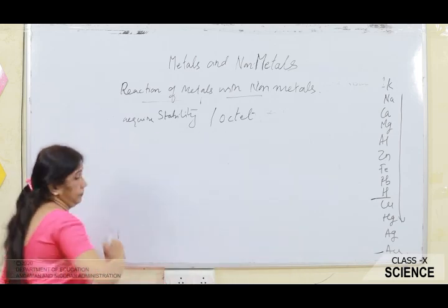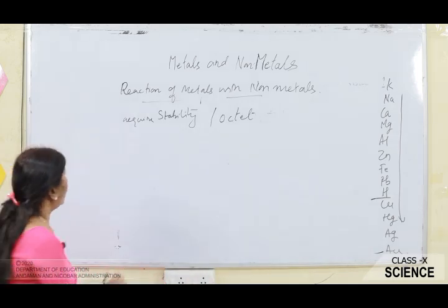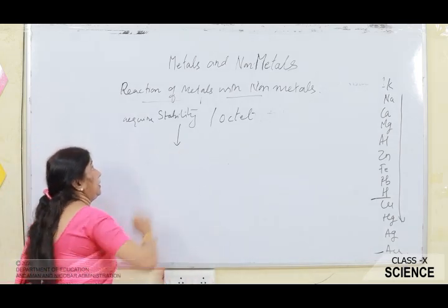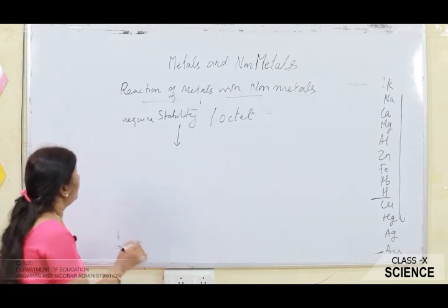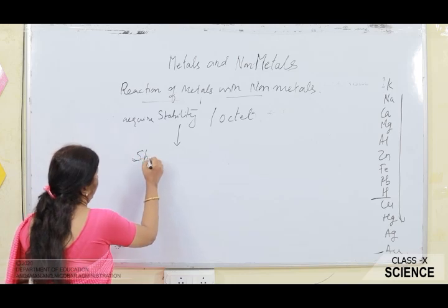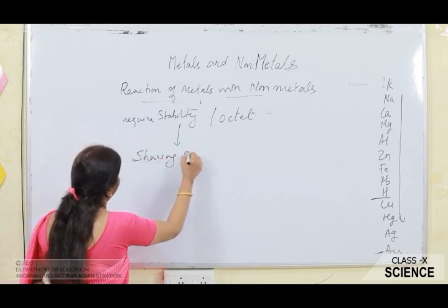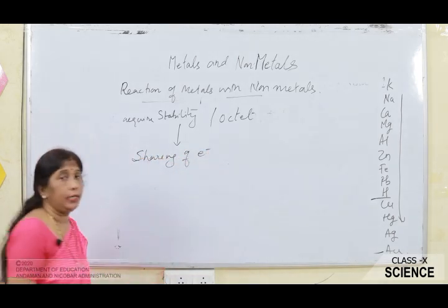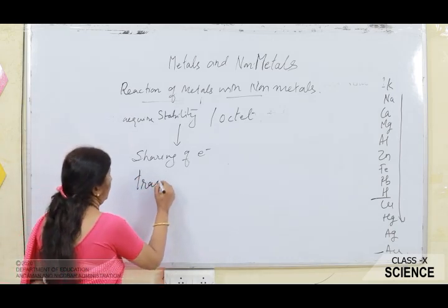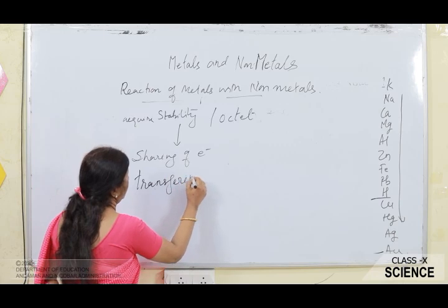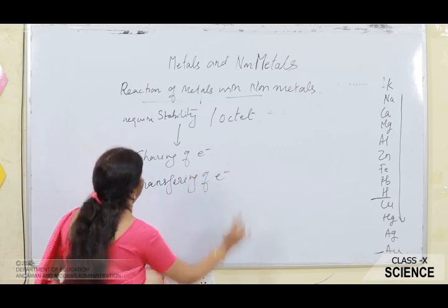Now just see here, how can a metal acquire stability? How can a metal become stable? The metal can become stable either by sharing of electrons or by transferring of electrons.